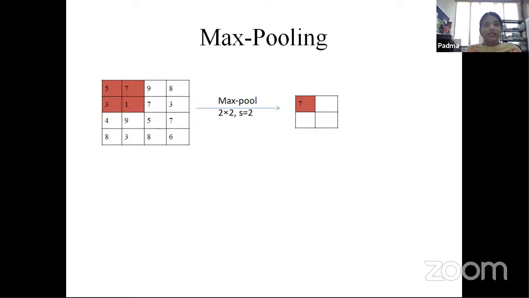And at the end, in some architectures, you might find two fully connected layers after a set of convolution and pooling. So at the output, you will get a single vector output, right?